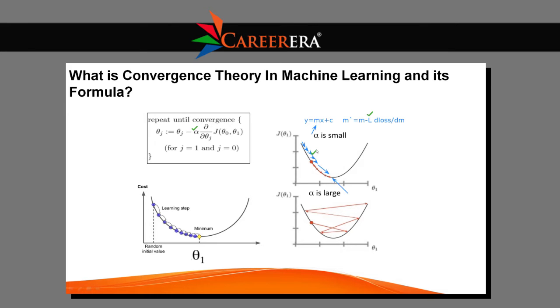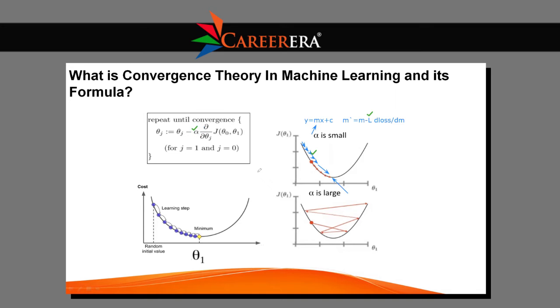We are moving towards this point, and this convergence happens as the value of m gets modified and as the complete equation gets modified because of this m change. This m is the result of the lambda and derivative multiplication.